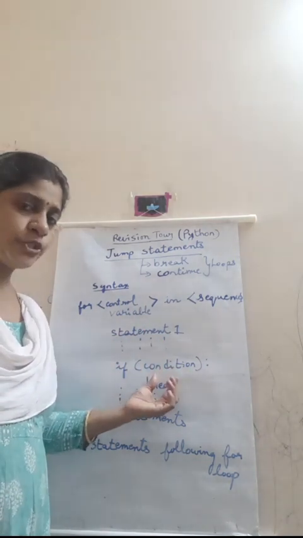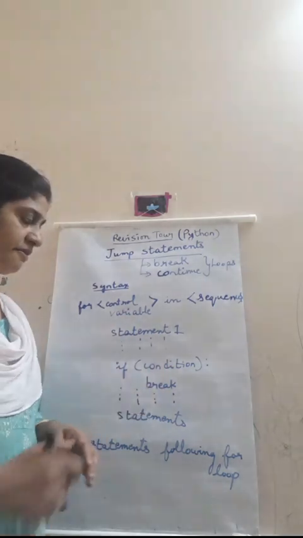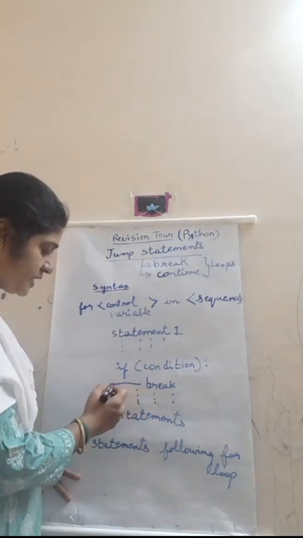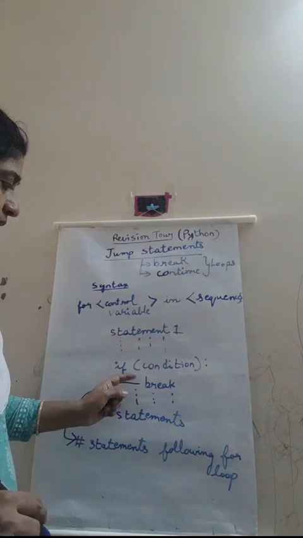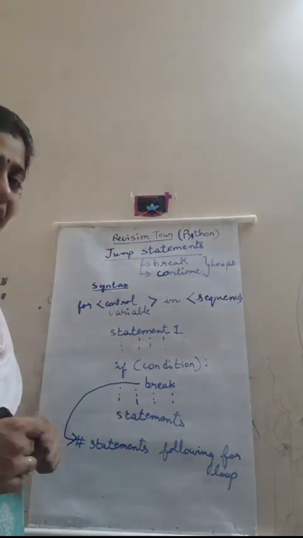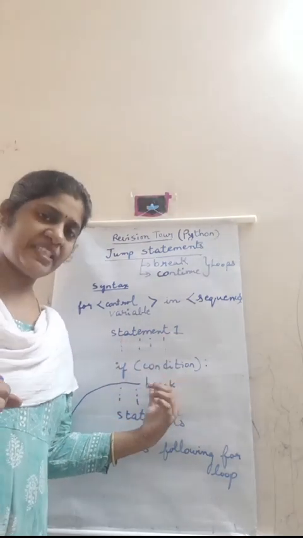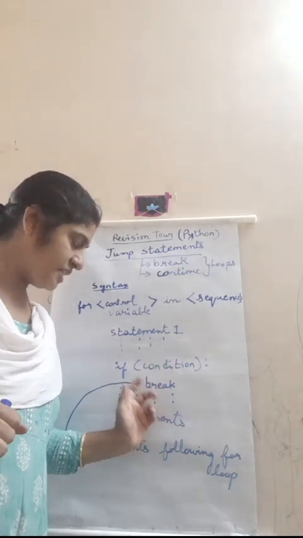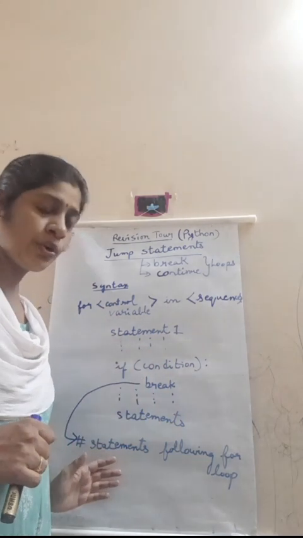If this condition is true, the break statement will get executed. That means from this location, it will jump to the statements following the loop. It won't execute the statements inside the for loop anymore if it encounters the break statement. It will jump to the statement following the for loop.